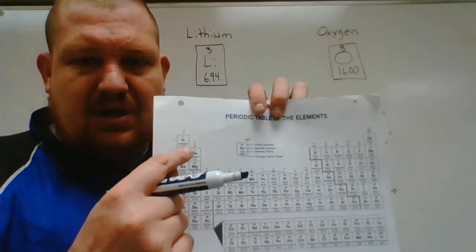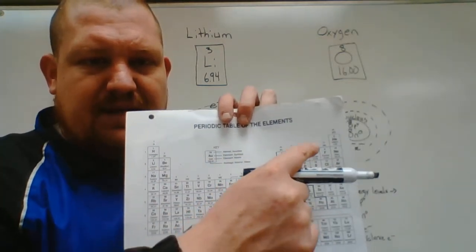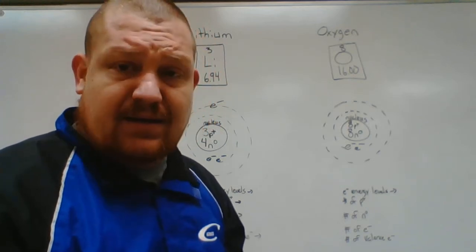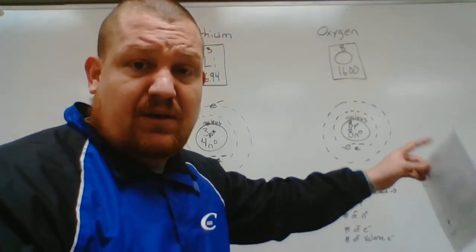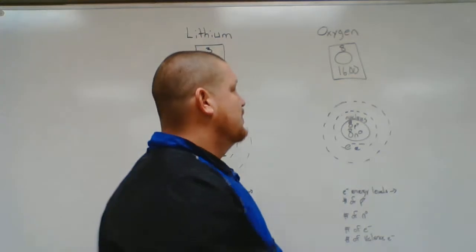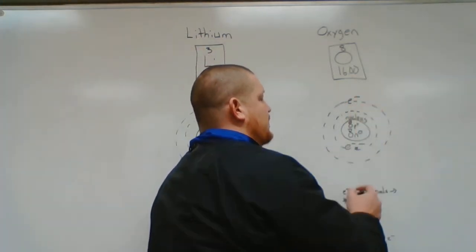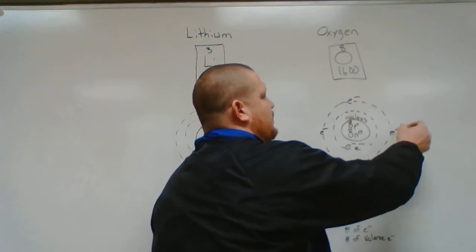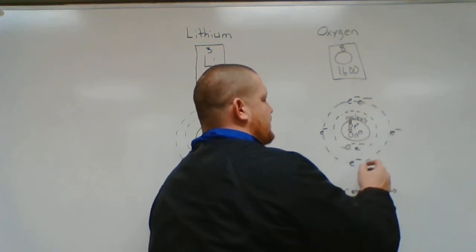I can put up to 8 in my second level, but I need a total of 8. I've already put in 2, so I only need to put in 6 more. So 1, 2, 3, 4, 5, 6.